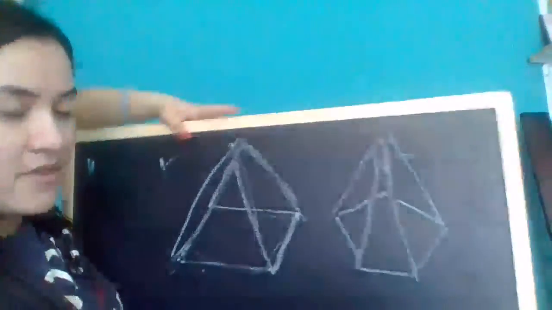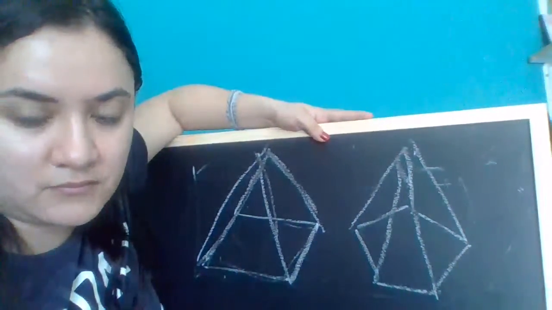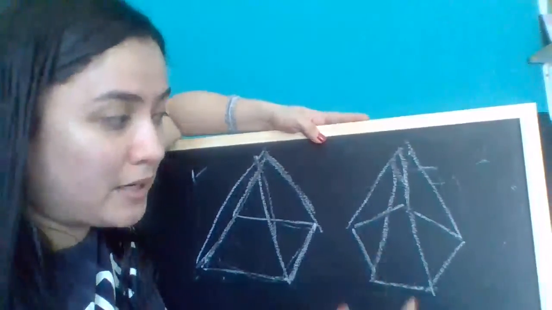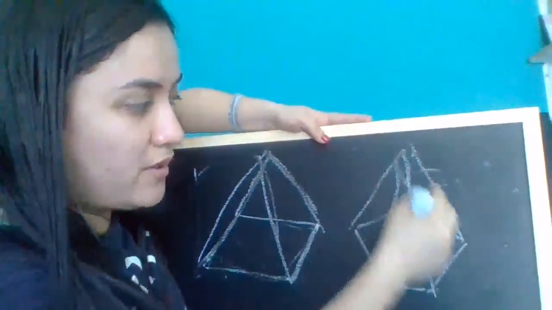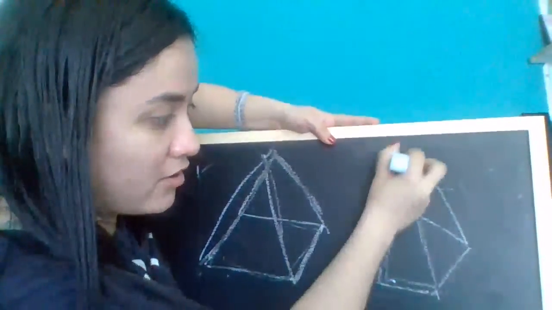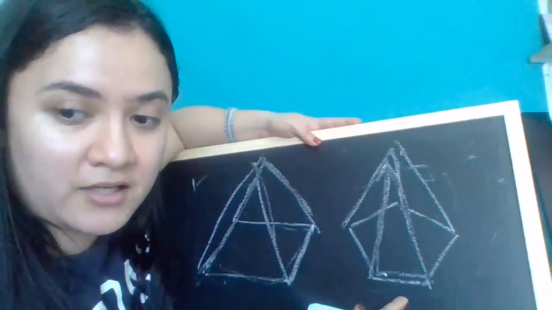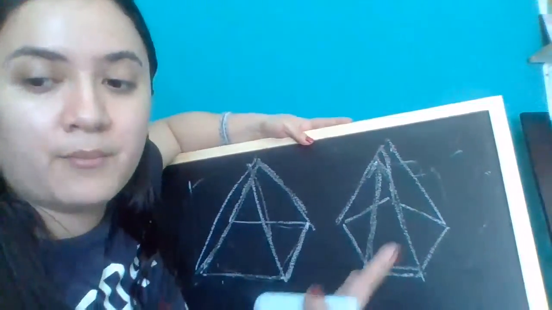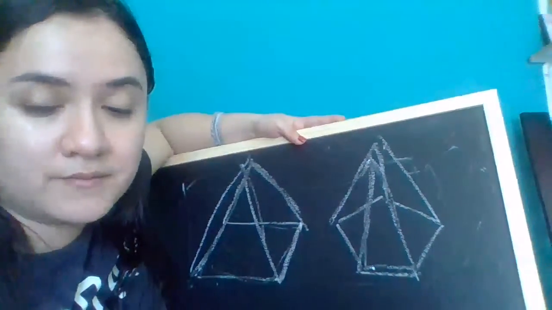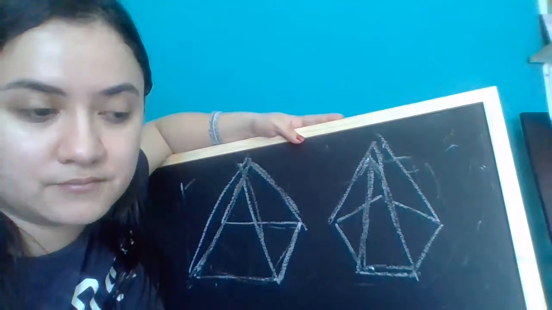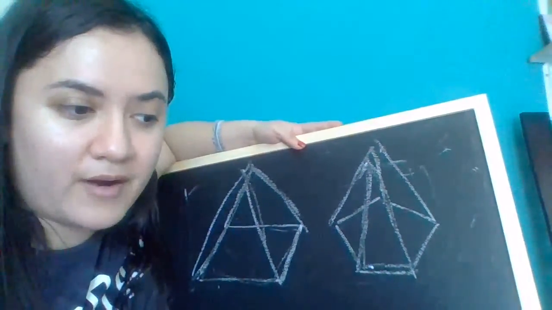In this case, the base is a pentagon. It's a polygon, right? But it's called a pentagonal pyramid because when you join them, the shapes of the faces are triangles, do you see? So that transforms this pentagon into a pentagonal pyramid. Is everyone clear? Hello, guys? Okay. We can move on, right?